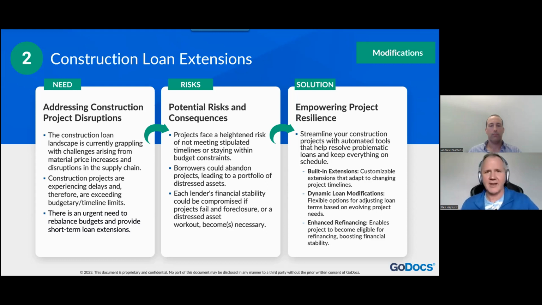But what has kind of characterized all these loans made in the last, I'd say 18 to 24 months is that for a variety of circumstances outside of borrowers and developers' control, they're facing things like unusual increases in cost of materials, as well as delays caused by supply chain issues.